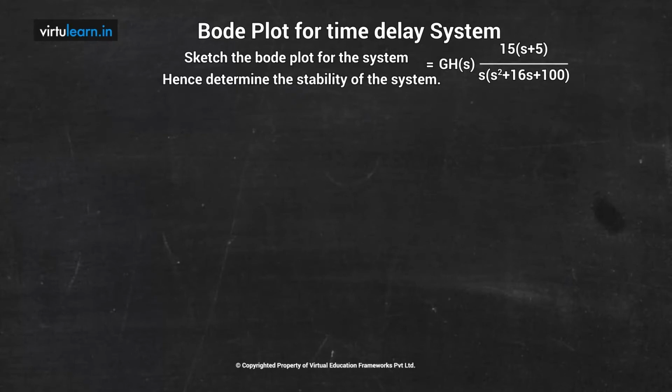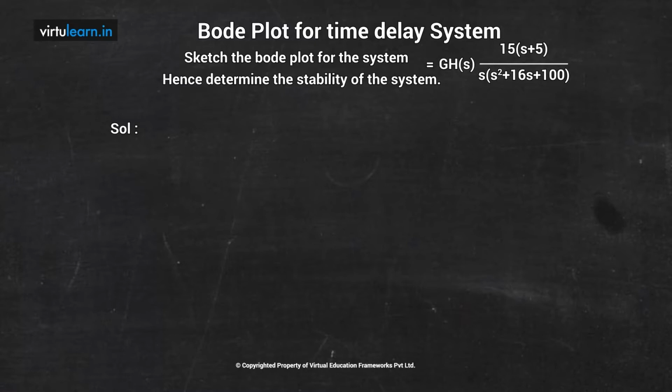In this problem we have an open loop transfer function, but in the denominator we have a quadratic term. We know how to get the corner frequency and the corresponding magnitude and phase angles for the quadratic factor. Using that, we will plot the magnitude and phase plots and find the stability of the system.